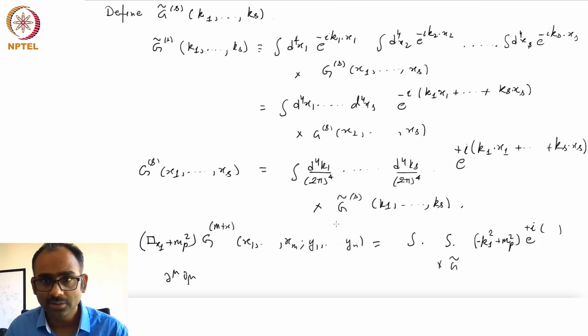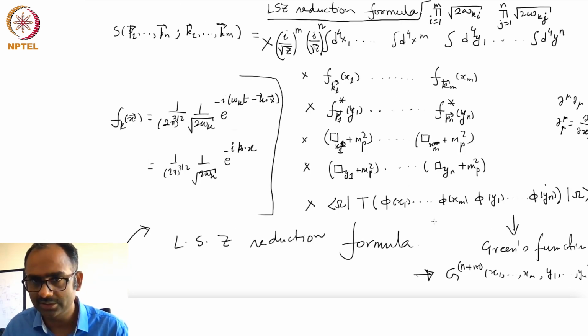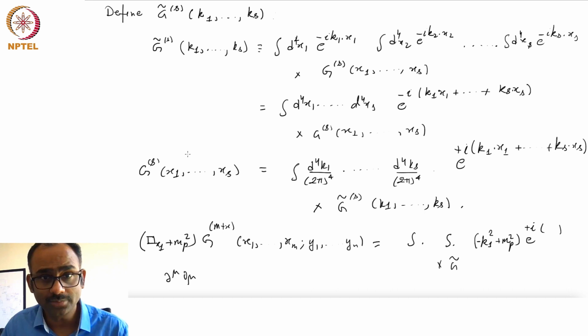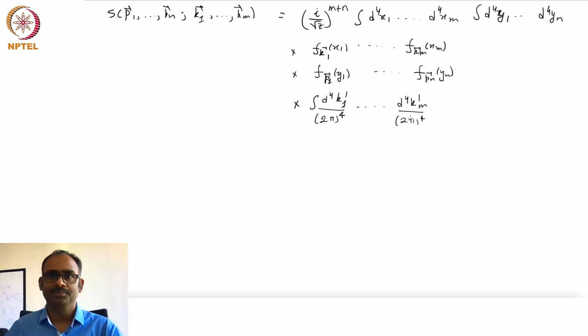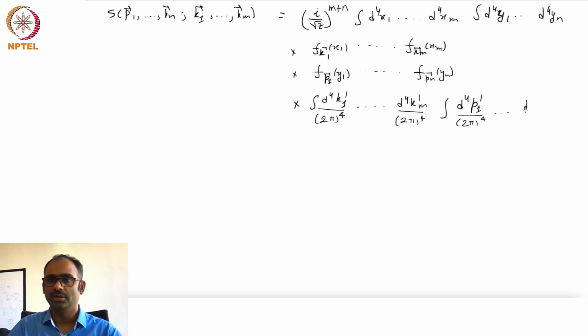This is coming from here, right. I am substituting G in this expression in terms of the Fourier transform, and this brings these integration measures. I am just putting a label prime on this, that is all I am doing. And then similarly for the y_1 to y_n, I will have d^4p_1 prime, d^4p_n prime over (2π)^4.